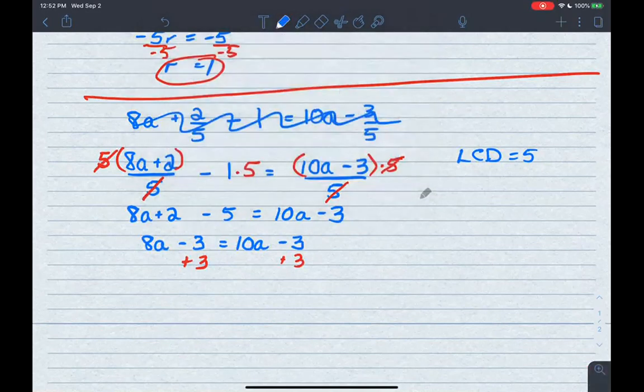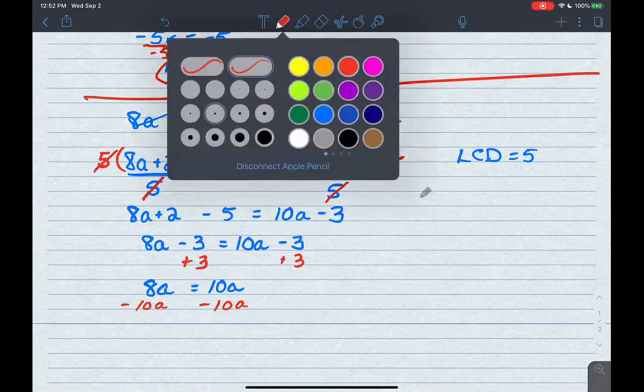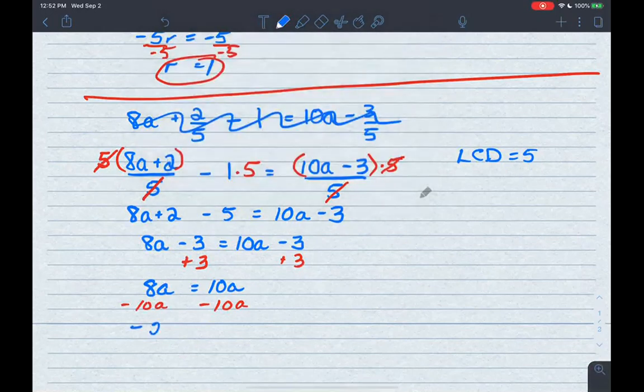That's weird. 8 times a equals 10 times a. Can that happen? Only if a equals what? So minus 2a equals 0. That means a must equal 0, like that last one. 0 divided by anything else is 0.